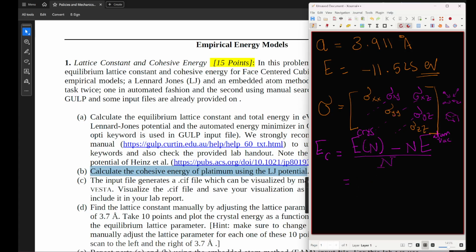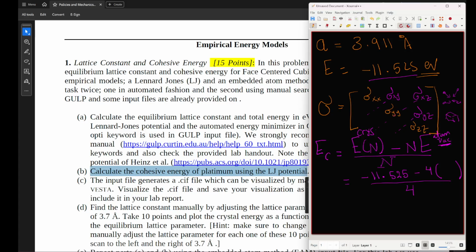So in this problem, the energy of the crystal is the minus 11 something that we have just computed, minus 11,525 electron volt, minus I have 4 atoms in my simulation, times the energy of one atom in vacuum alone, described by Lennard-Jones potential, and then finally I will divide by 4 again.